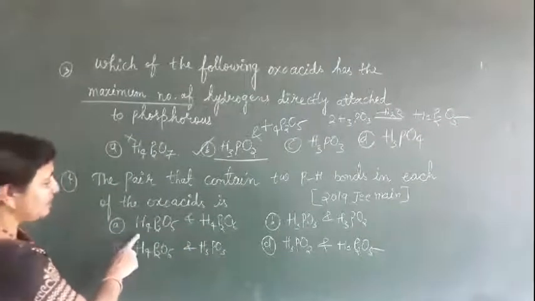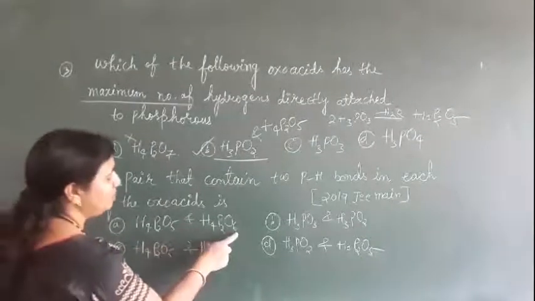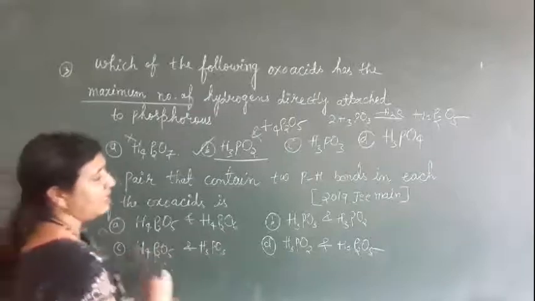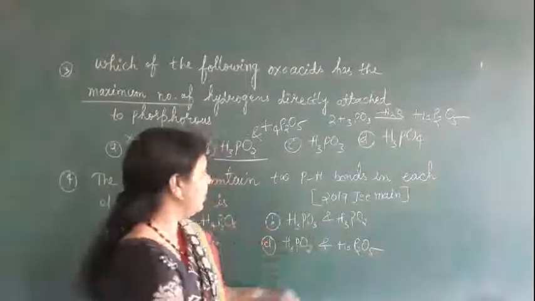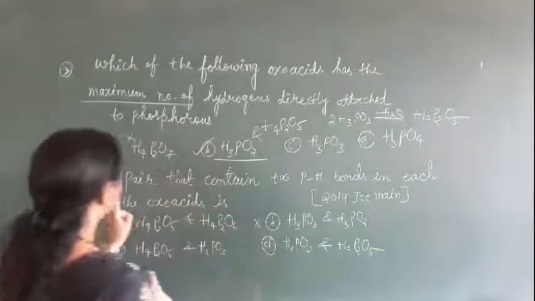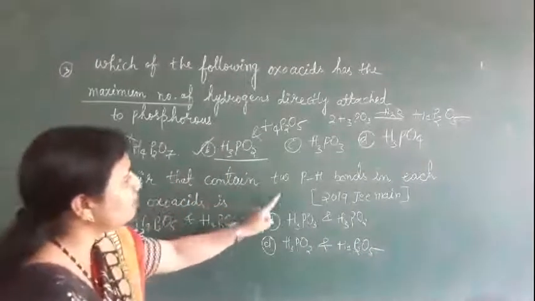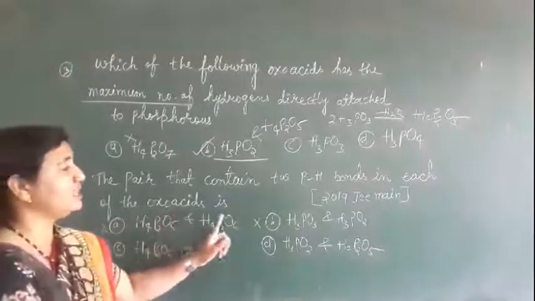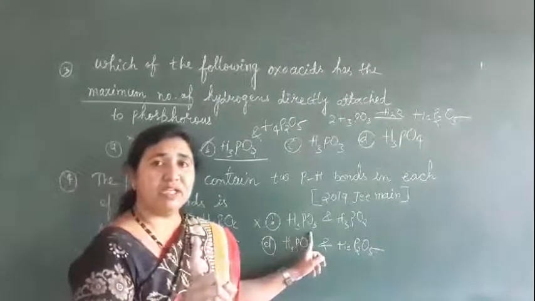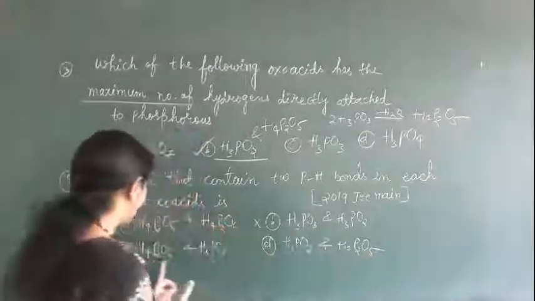The options given are H4P2O5 with H4P2O6, which is not it. Then H3PO3 and H3PO2, that is also wrong here. What is the question? The pair that contains 2 P-H bonds in each oxo acid. H3PO3 has 1 P-H bond, so this one is not it.